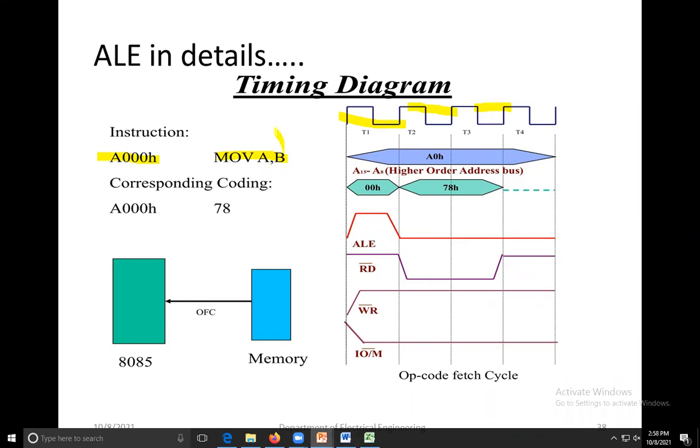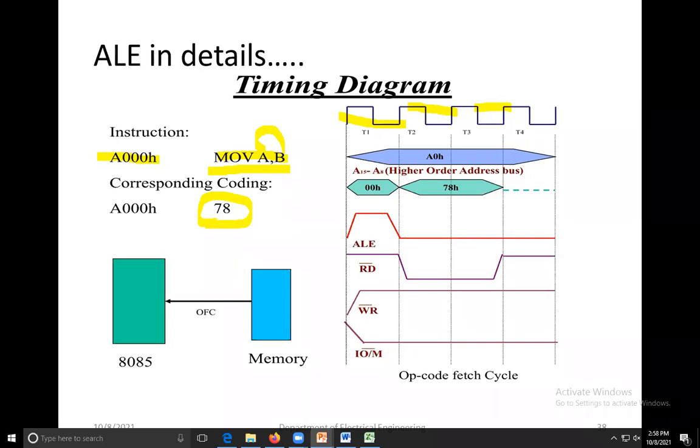The value present in B is transferred to A. A is the accumulator, and B is a register. The hex code of this instruction MOV A, B is 78.